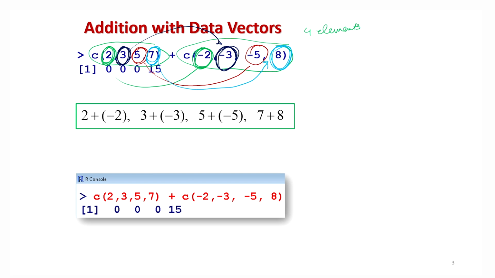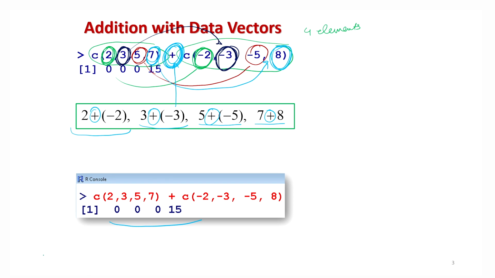So this operation goes like this: 2 plus minus 2, 3 plus minus 3, 5 plus minus 5 and 7 plus 8, right. And this plus operator is replicated from here, right. You can see the outcome comes out to be 0, 0, 0 and 15.